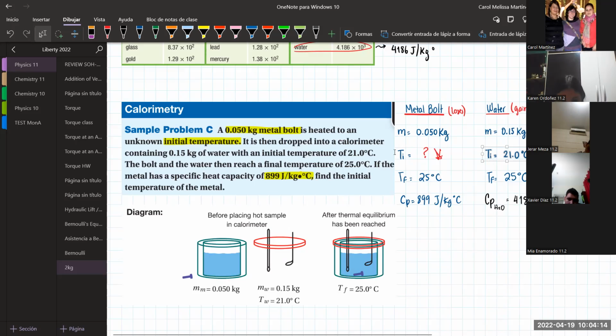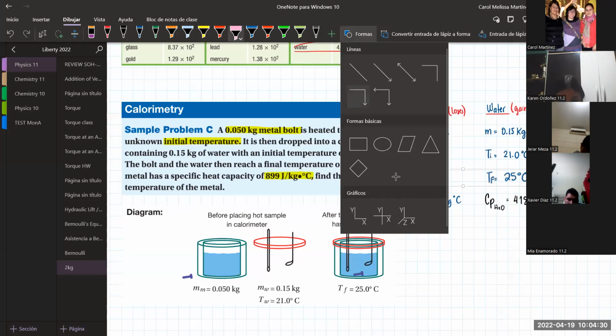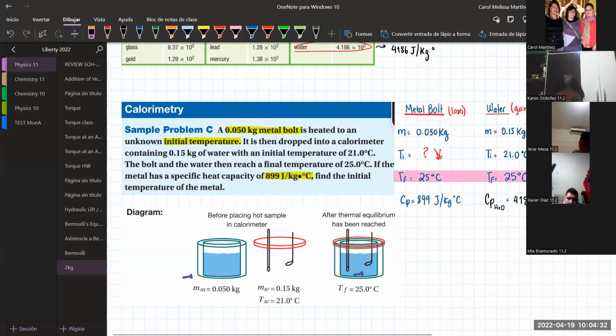The bolt and water both reach a final temperature, the equilibrium temperature, of 25 degrees Celsius. This is important because in calorimetry, the two substances involved share the same final temperature.